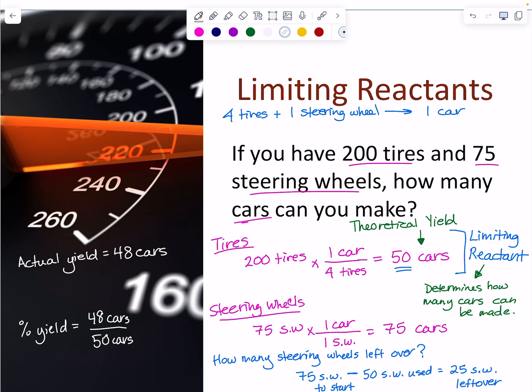All right, and then we put that in percent. So we could leave it as just the ratio, or we could put it in a number that has more meaning for us as humans. Okay, and so in this case, my yield was 96%.